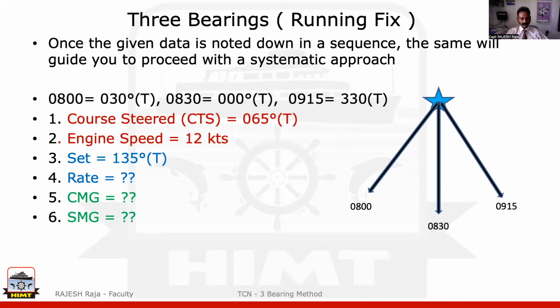So the color code tells that they are in a combination. They are always in a combination. I think you should realize CMG, SMG is a combination, set and rate is a combination, and course to steer and engine speed is also a combination. So if you write like this, you realize that I've got only 3 data in this question. He's asking me the remaining 3 data. So my first clue and how I use the logic, we'll just see in the next slide.